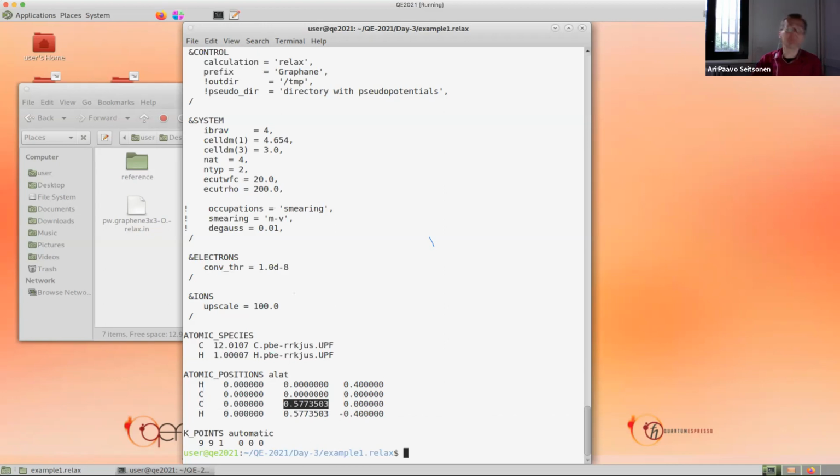This comes from, is it 1 over square root of 3, and then you multiply it with the alat. And you saw it already in the input when we visualized it, so that gives the honeycomb lattice. And the positions are such that one of the hydrogens is just above the first carbon, and the second hydrogen is just beneath the second carbon in the unit cell. So this gives this alternating pattern, and this actually also keeps the very high symmetry of the lattice.